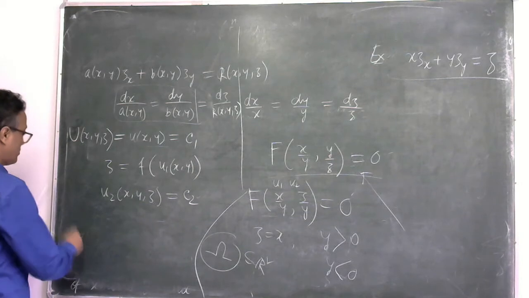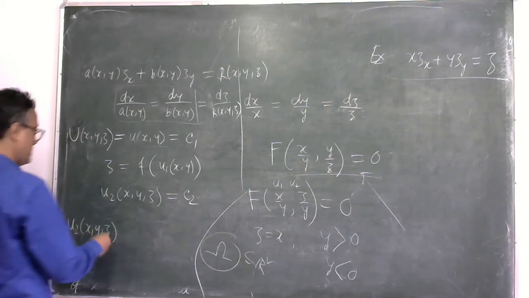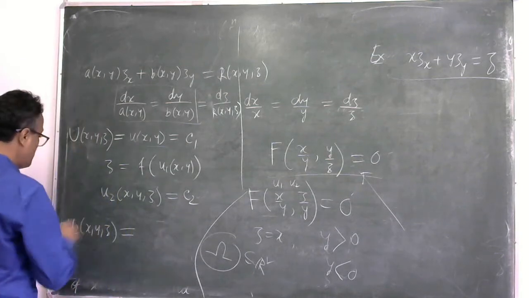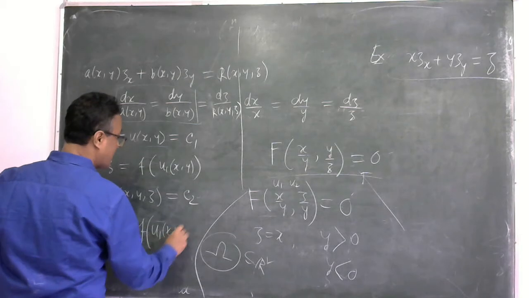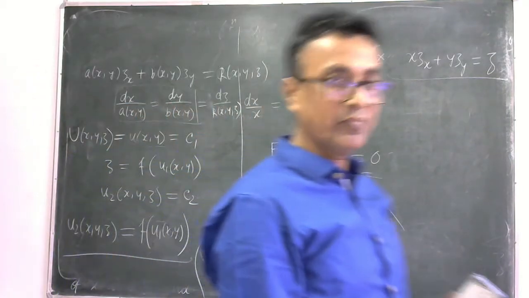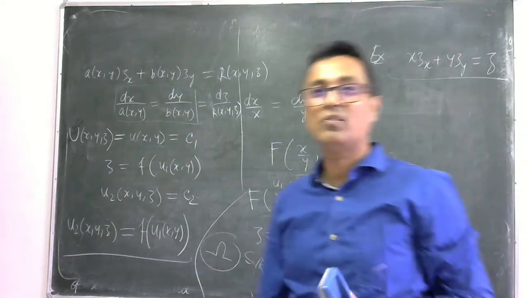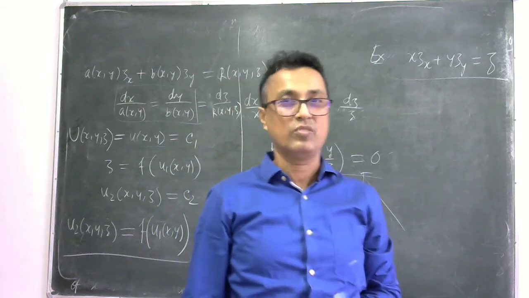Explicitly, you are going to get something like this. U1 xy. Okay, so what does it take care of?